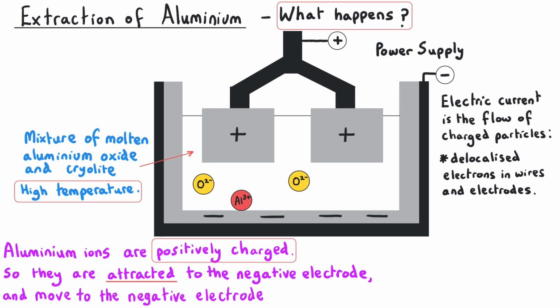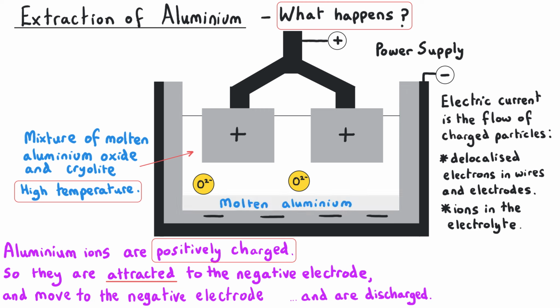When they get to the negative electrode, they will be discharged, meaning that they will lose their charge. And then molten aluminium will collect at the bottom of the cell, where periodically it could be pumped out, or they could open some kind of connection here and allow it to run out from this container into a separate container.